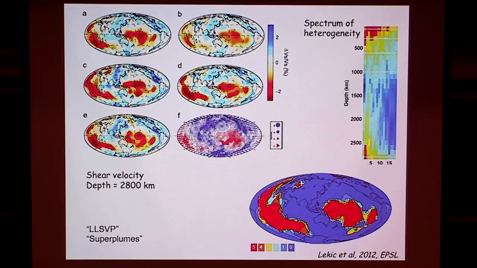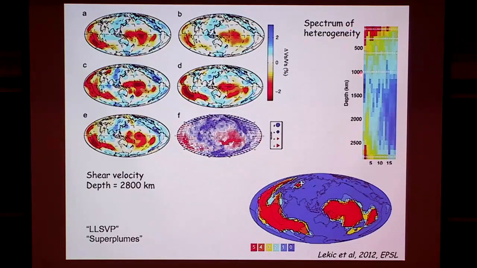The other thing I wanted to show is that from these models, we can also compute the spectrum of heterogeneity. So basically, what is the strength of heterogeneity as a function of wavelength? We express this in terms of spherical harmonic degree. The lowest degrees are the longest wavelengths, right? Degree 2 is the longest wavelength, and as you go to higher numbers, you see shorter and shorter wavelengths.